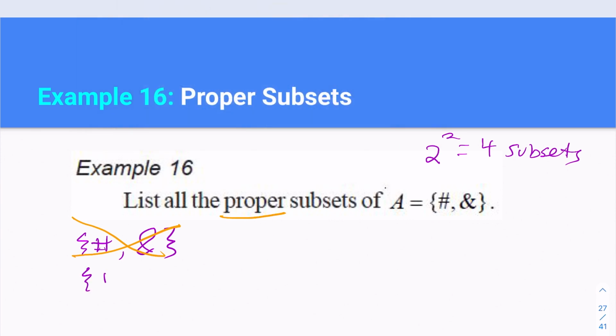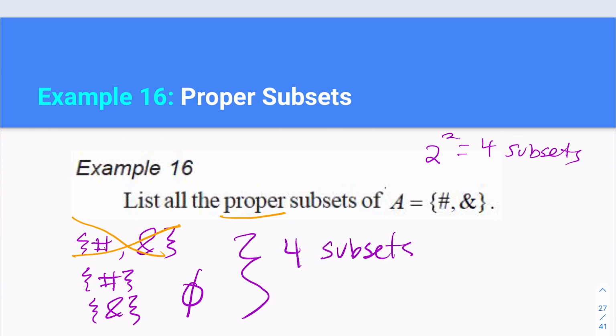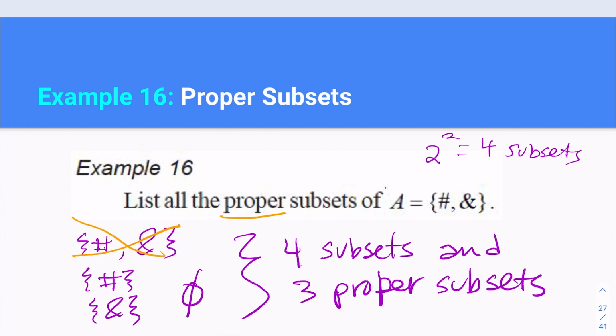Okay, then we have the 1 element subsets, and then we have the null set. So we've got 4 subsets and 3 proper subsets. Right, so these are the 3 proper ones.